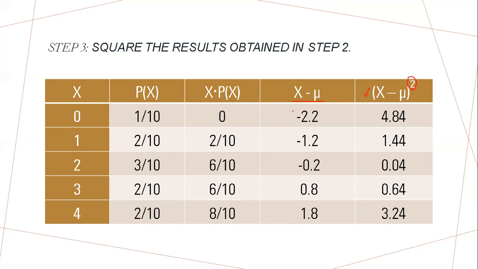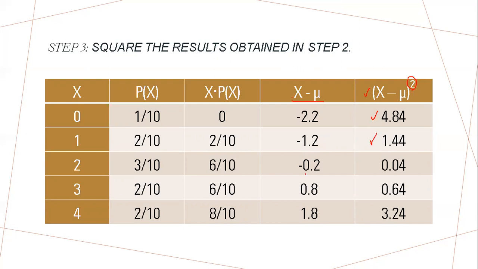So, using the calculator, guys, so we have negative 2.2 times negative 2.2, we have positive 4.84. So, dito, ang ginawa natin, up to 3 significant digits tayo. Okay? Then for the second one, we have negative 1.2 times negative 1.2, we have positive 1.44.